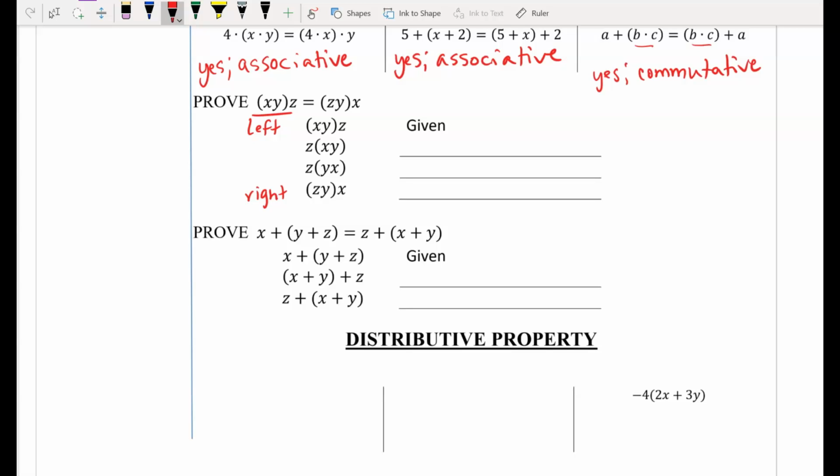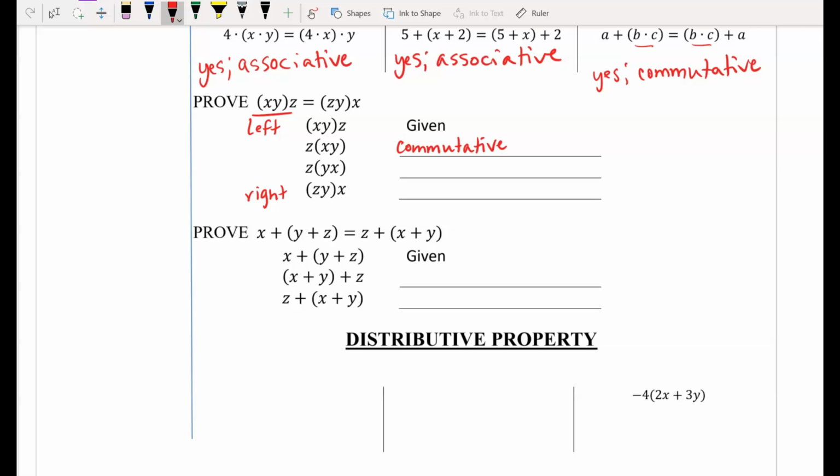So if I go to the second step, I can see that there's been a change not in the group itself, but in the order of multiplication between the xy group and the z. They switch places. So this is commutative property. And you can say commutative of multiplication, but you can just write commutative and that's fine. Now in the next step, the z is still on the outside of the group, so the grouping has not changed.